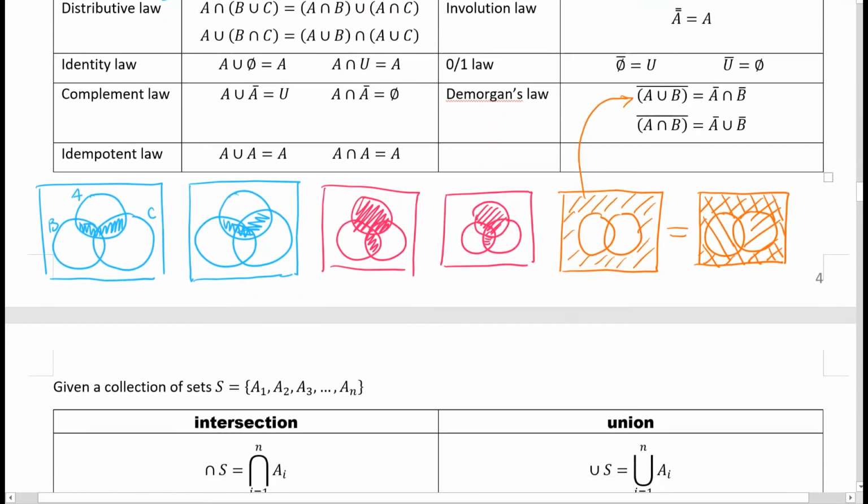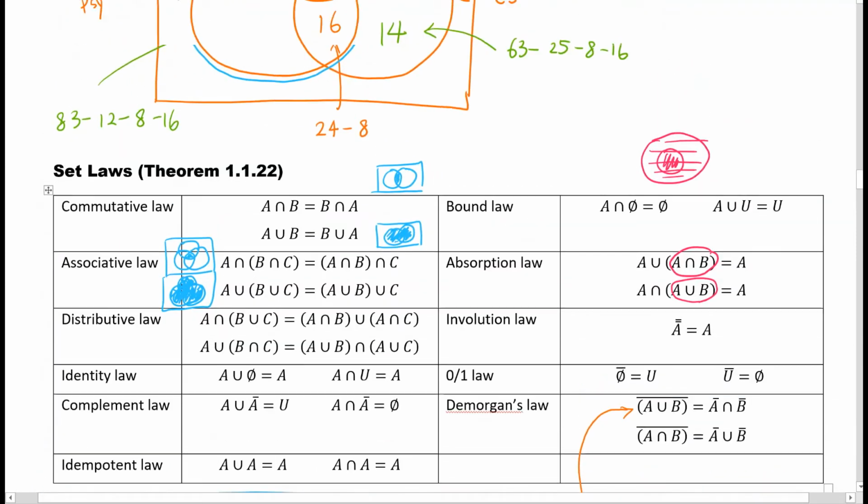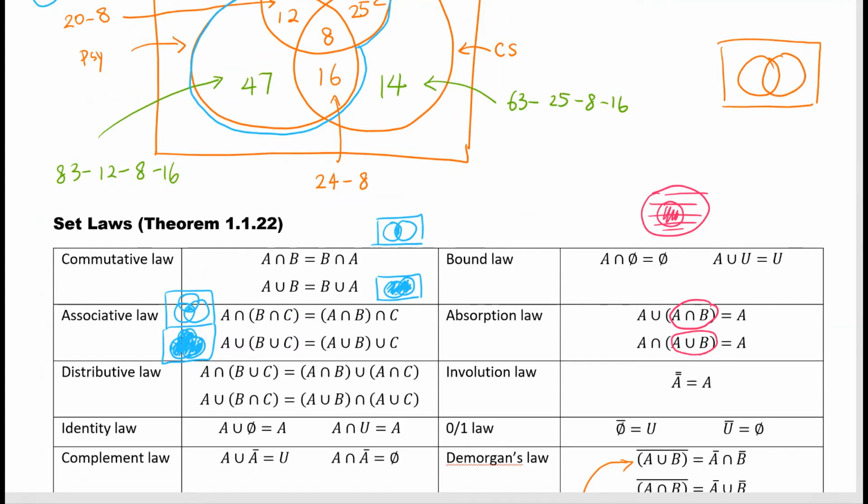Do I have enough space here? I don't. Let me move it up. So A intersect B complement. A intersect B is the middle region, right? Complement is everything outside of it. And then A complement union B complement.